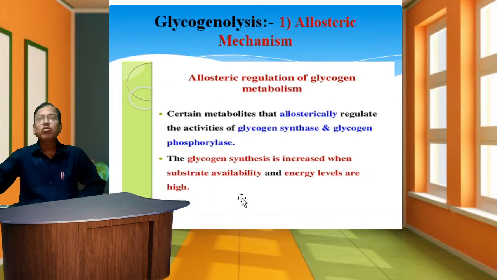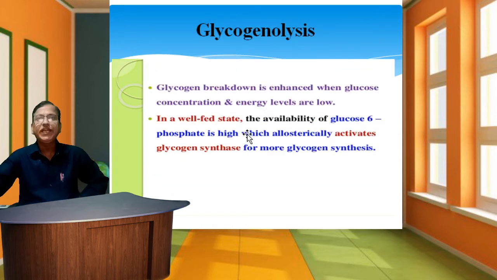The first process is the allosteric regulation of glycogen metabolism. Certain metabolites allosterically regulate the activities of glycogen synthase and glycogen phosphorylase. Glycogen synthesis is increased when substrate availability and energy levels are high, and glycogen breakdown is enhanced when glucose concentration and energy levels are low.